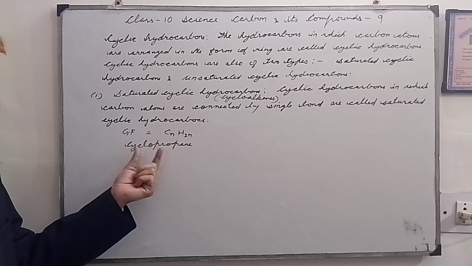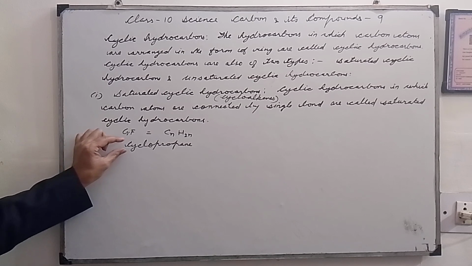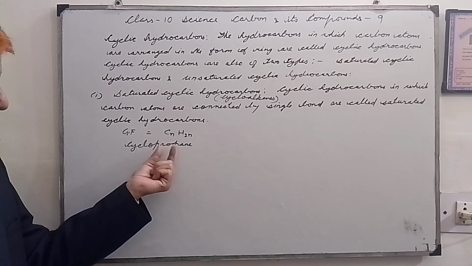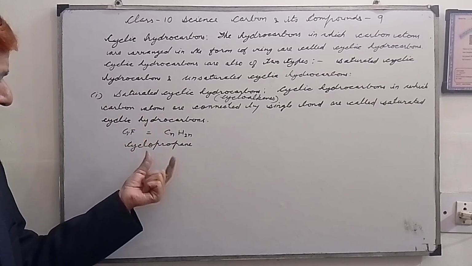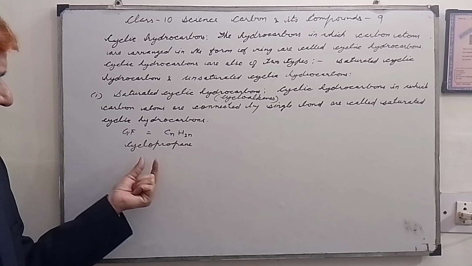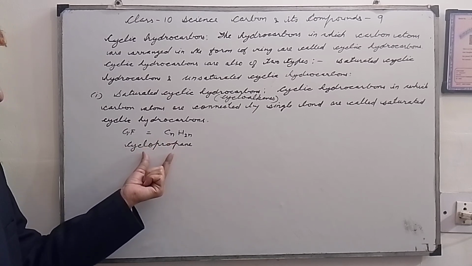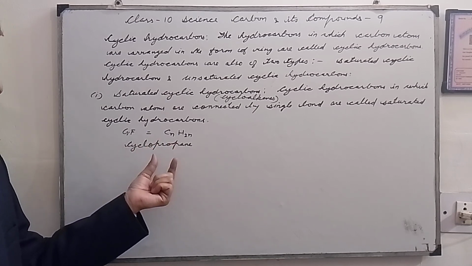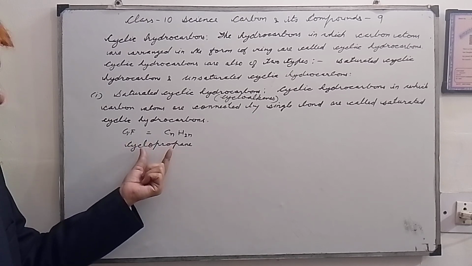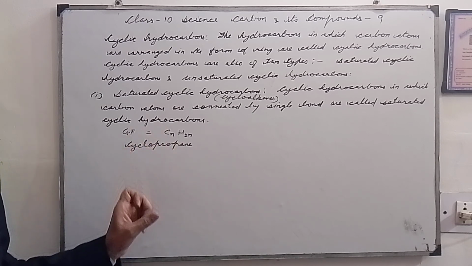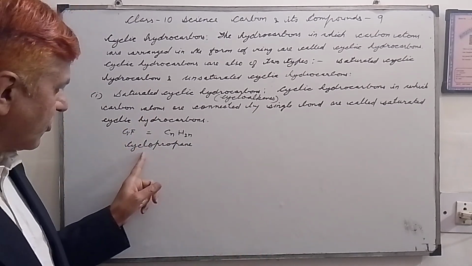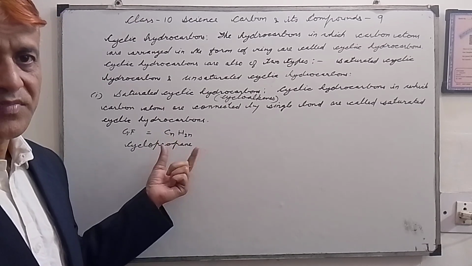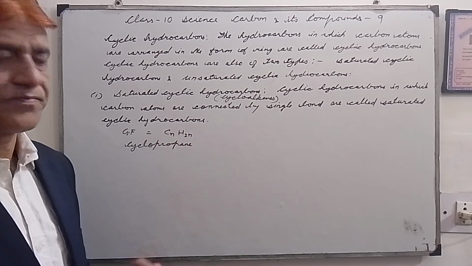This is very important to note, because cycloethane or cyclomethane do not exist. In cycloethane a ring cannot be formed. So the first member is cyclopropane with 3 atoms of carbon.